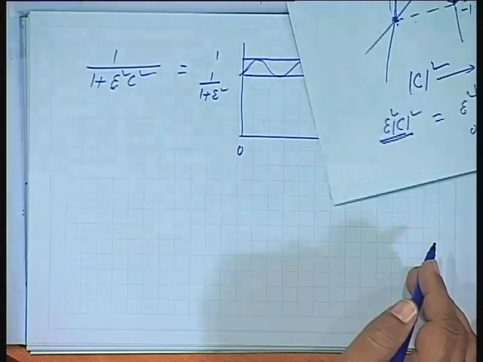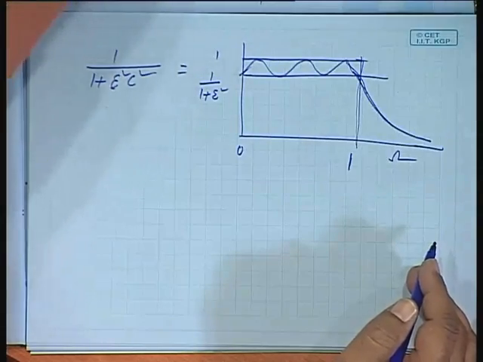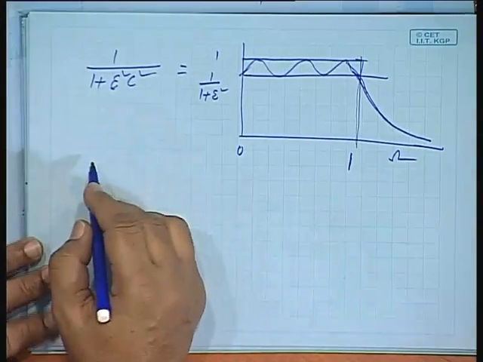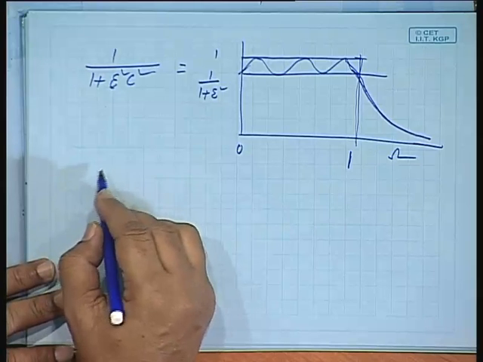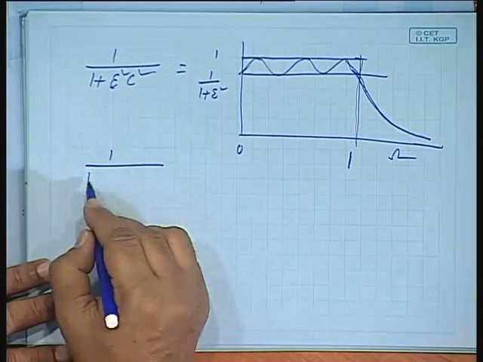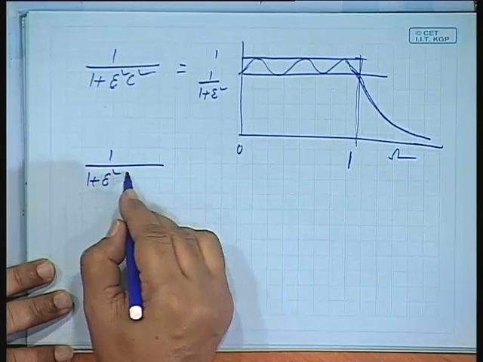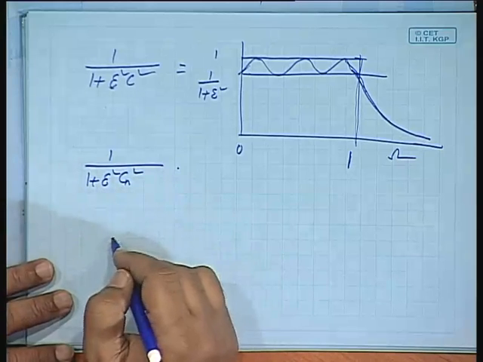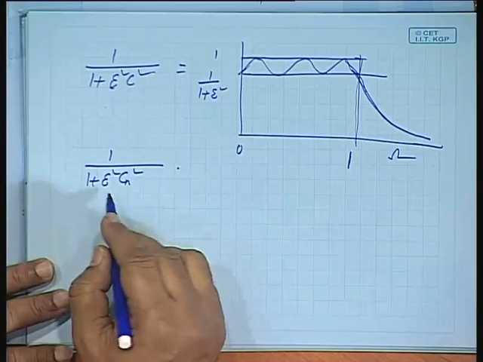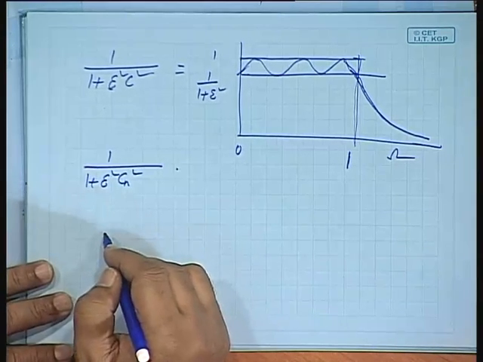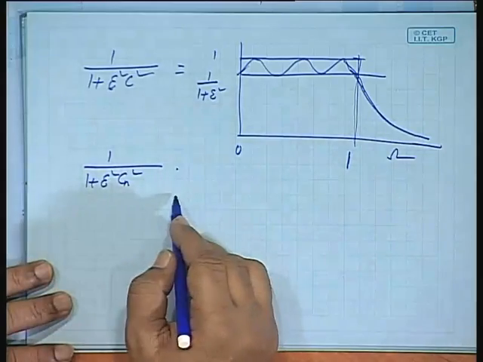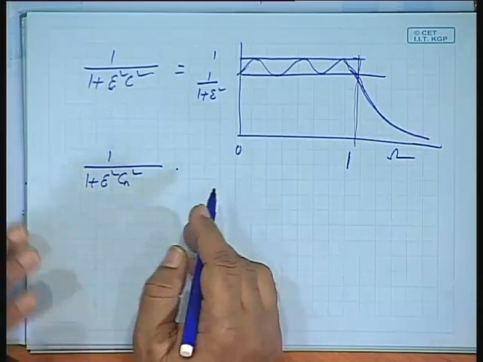Now what would be the roots of this? 1 by 1 plus epsilon square cn square, this is given. You find out what the roots will be. Once you know the roots, you can use bilinear transformation, substitute.